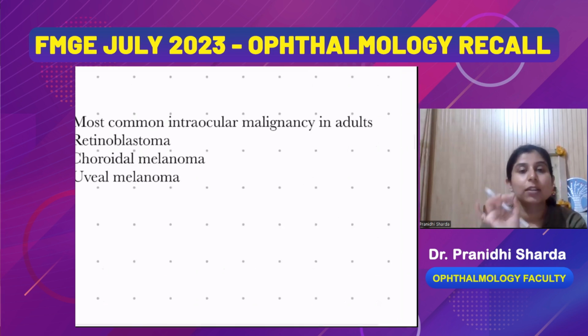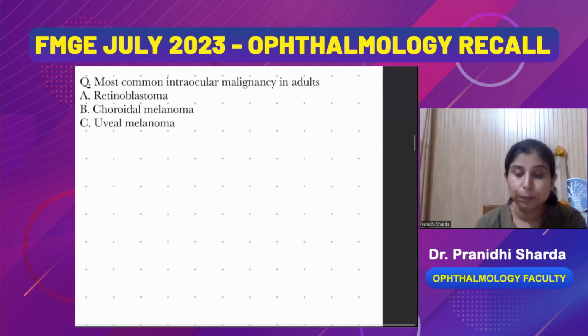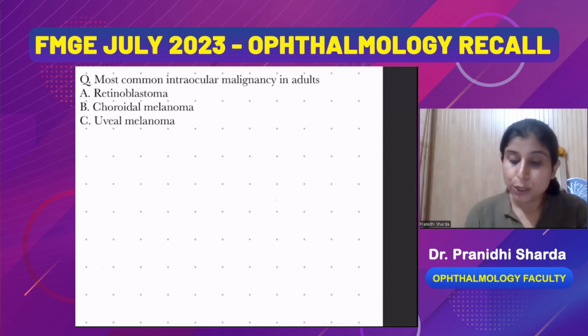So this is just an example of that type of question, the most common intraocular malignancy in adults. So let us quickly make a table to revise.